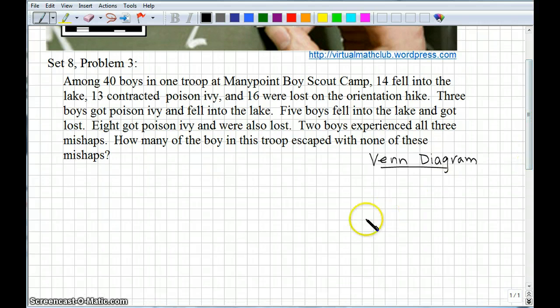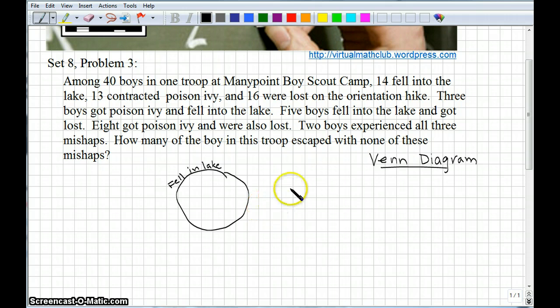Well, what we can do is draw a circle, and we'll say that this circle represents the set of all the boys who fell in the lake. So I'm going to write "fell in lake."